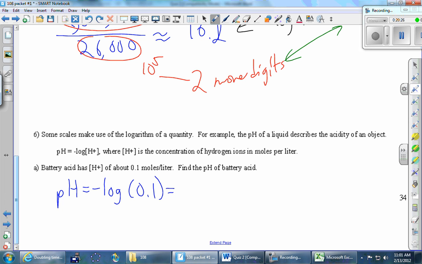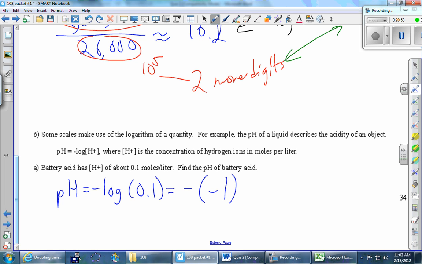Can you find this without a calculator? Talk to your neighbor and see if you can figure out the value. So what is log of 0.1?